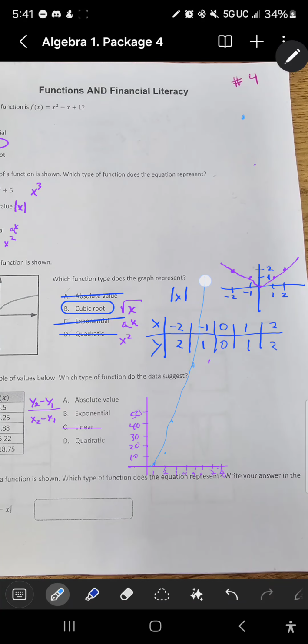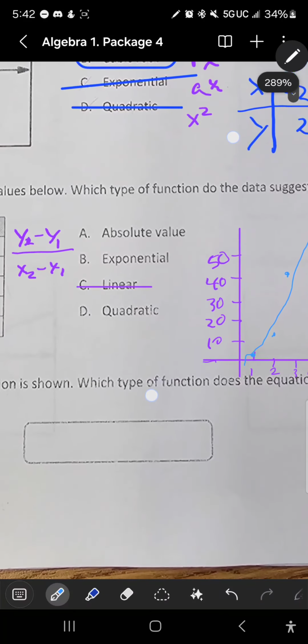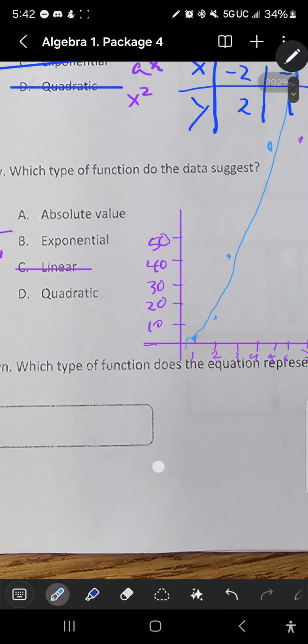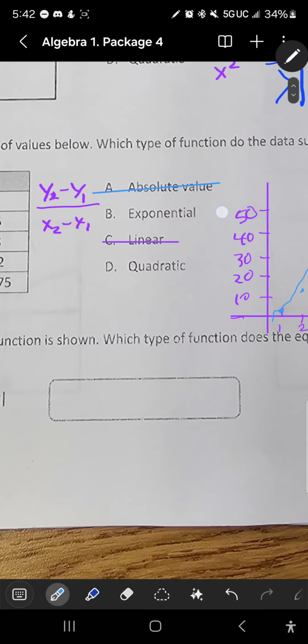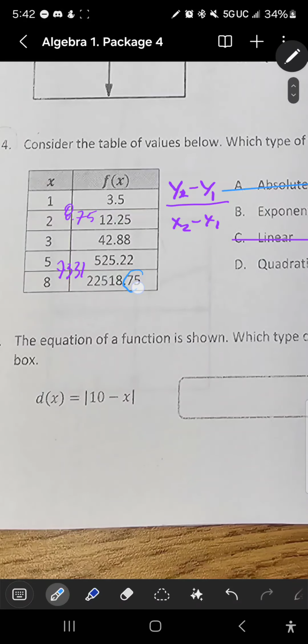As you can see, this is going up very exponentially. Since it's not a straight line, I can rule out the absolute value, because we just saw that absolute value is a straight line, and then we are between exponential and quadratic.